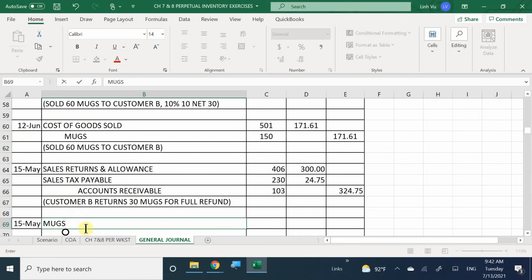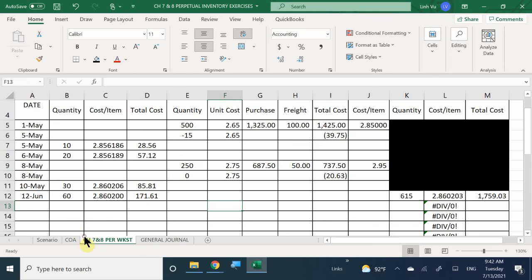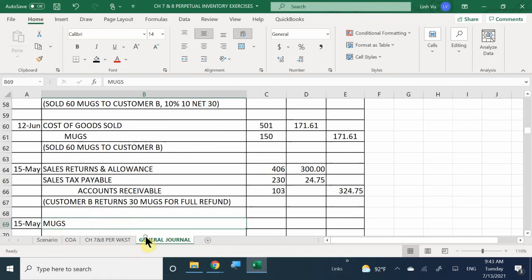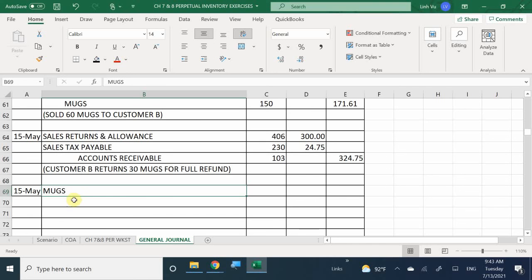Okay, if I'm going to be putting back into inventory, what's my opposite and equal credit? Because I'm debiting my mugs back, right? So what account am I going to be taking it from? You're going to credit accounts receivable. You already did that previously.